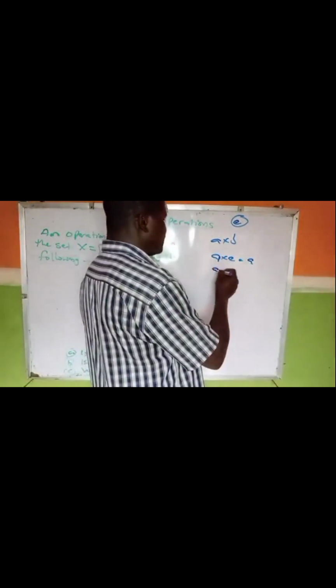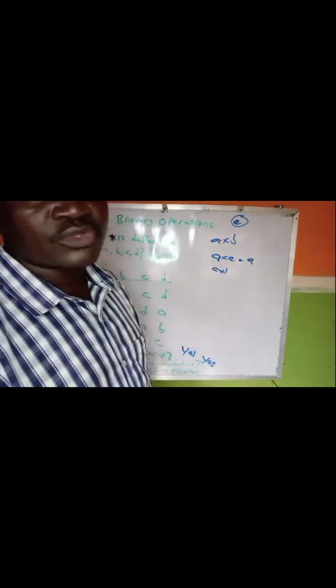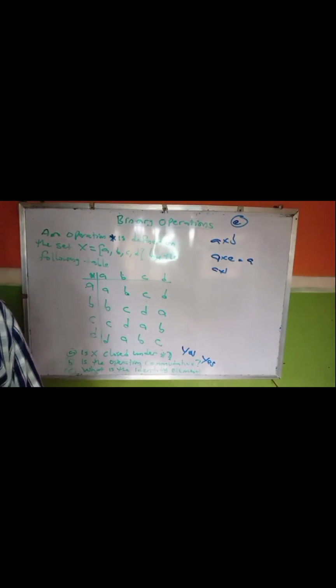For instance, if you multiply A by 1, it's going to give you A.